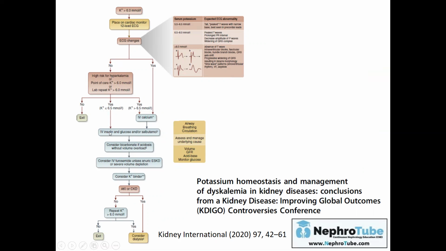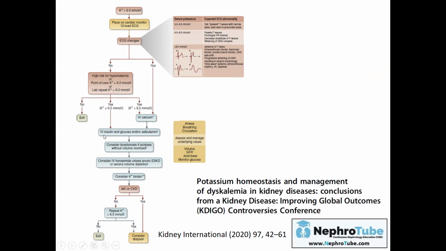If not, you will go to the second line. So you have to start intravenous calcium in two situations: if the patient has ECG changes, whatever the level of the potassium, or if the patient has a potassium more than 6.5, whatever the shape of the ECG.